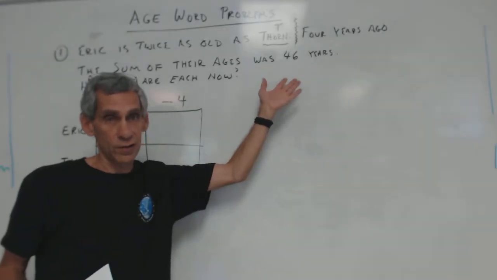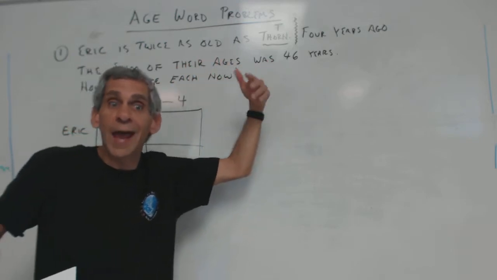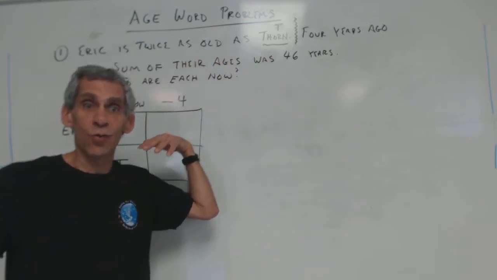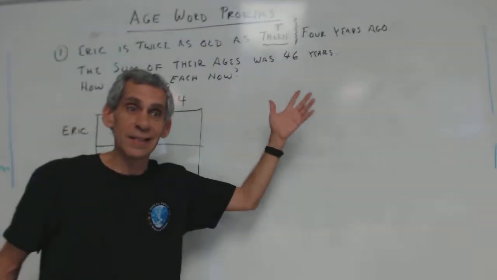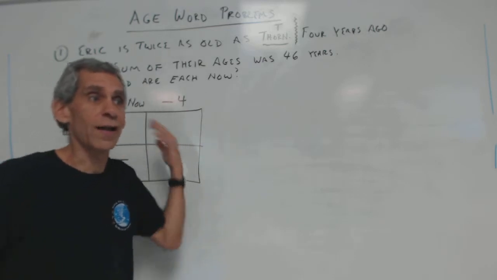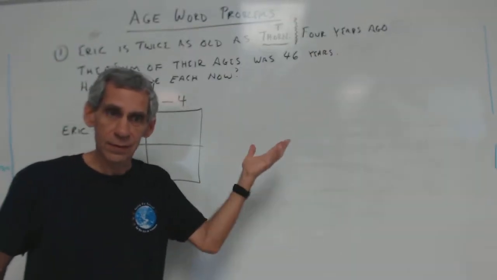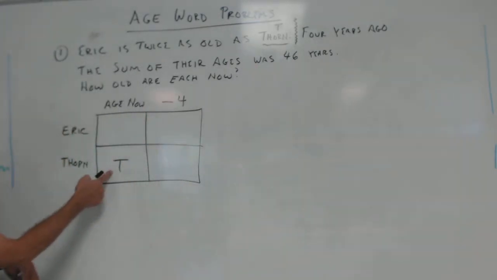You have to know Thorn's age before you can tell me Eric's age. Well, if I know Thorn is 2, Eric is twice, 2 times 2, Eric is 4. If I know that Thorn is 8, Eric is twice 8, which is 16. See what I'm saying? The base age is that. So I'm going to make Thorn T.